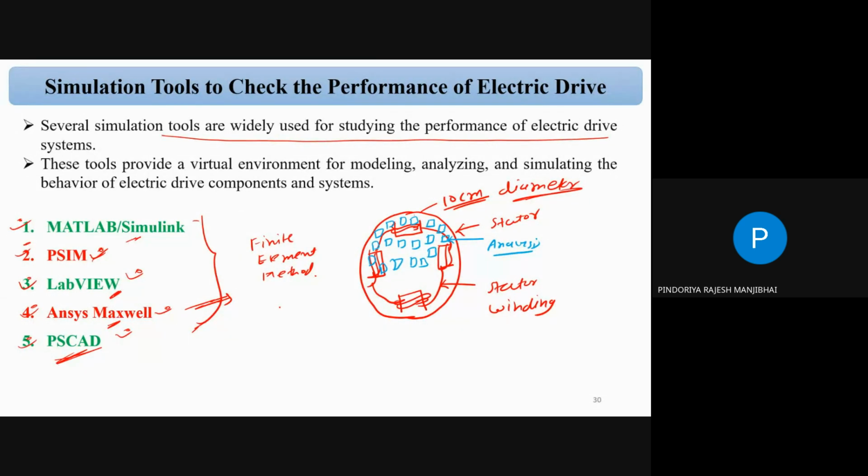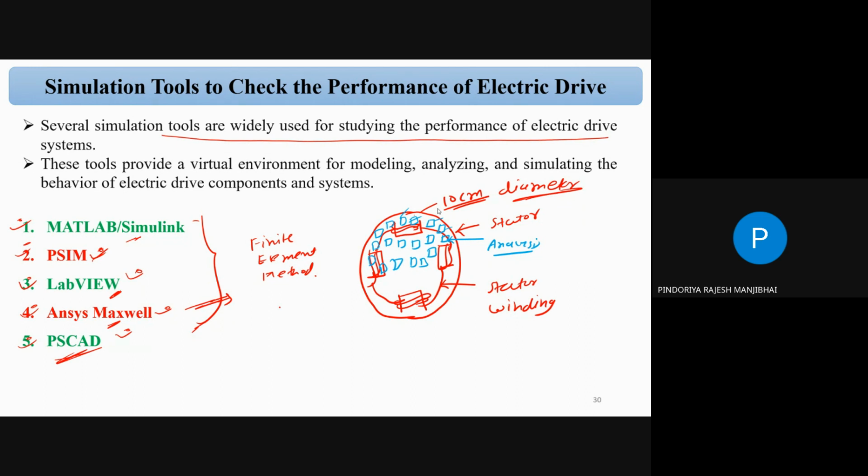Suppose this is the first part, second part, third part, fourth part. For every part we can analyze, and then we can say, suppose you increase the speed or increase the load, then it will create this much effect in the stator winding. That is nothing but your finite element method. We take very small sections and analyze them, and that we actually do in the ANSYS software.